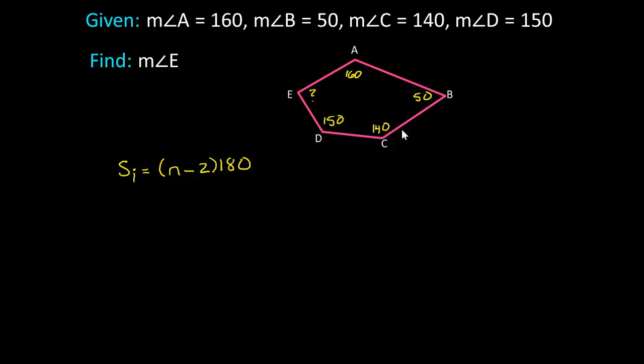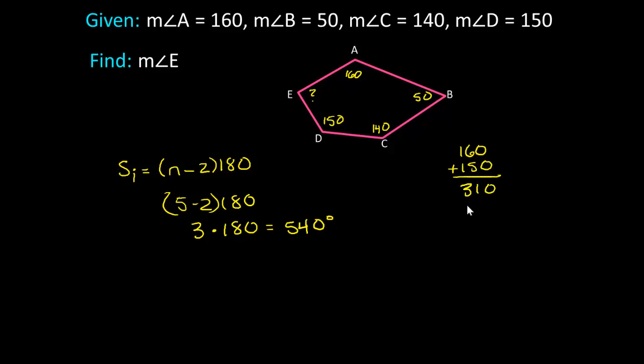So this has 1, 2, 3, 4, 5 sides, so we can do 5 minus 2 times 180, which is 3 times 180, which equals 540 degrees. So now if we add up all four of the angles, 160 plus 150, which is 310, plus 140, which is 450, plus 50, which is 500. So far we've got 500 degrees out of the 540.